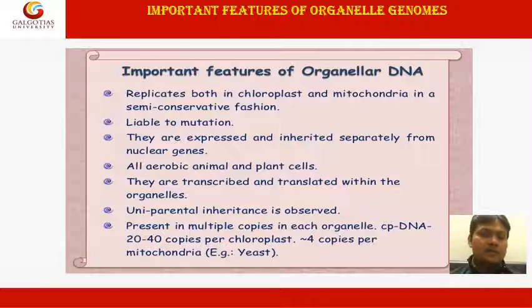Another most important feature of the organelle genome is uniparental inheritance, meaning it is transmitted from the maternal parent to the offspring. In all cases it is observed that the organelle genome is transferred to the offspring from the maternal side, so the pathway is uniparental.